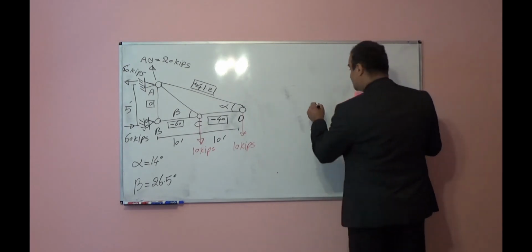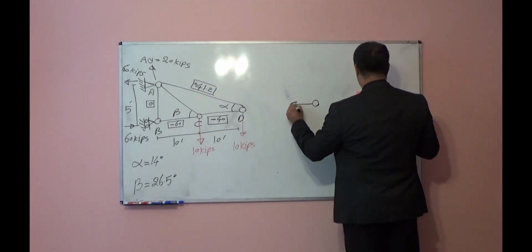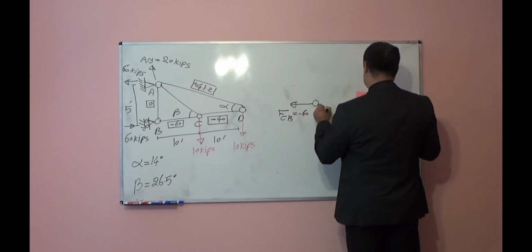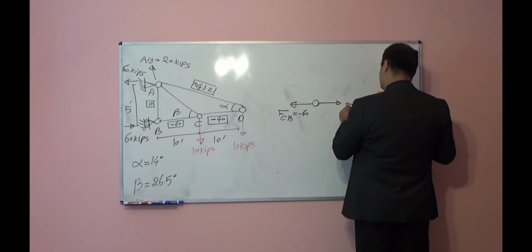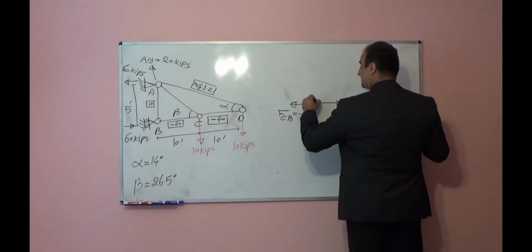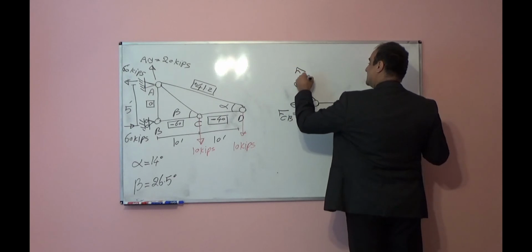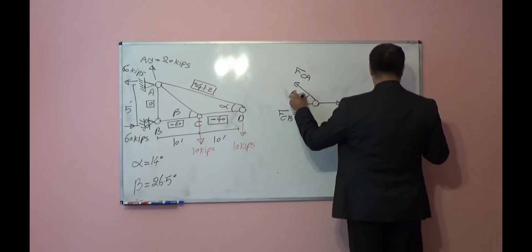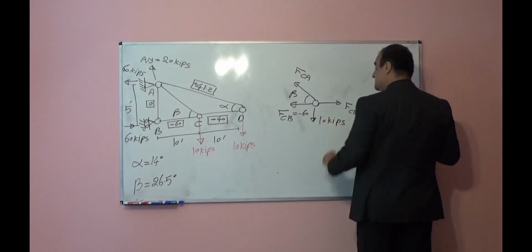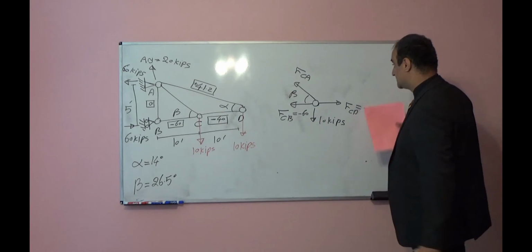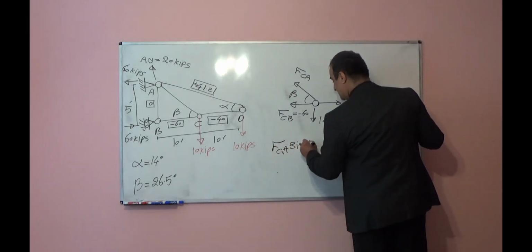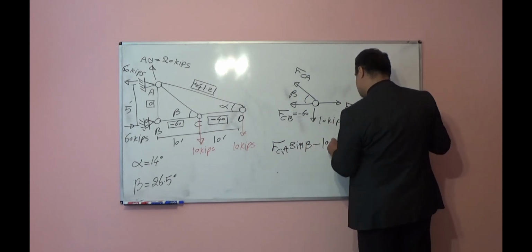Next one, joint B. So here I have FCB, which I found it is negative 60. Here I have FCD, I found it is negative 40. CA. This angle is beta, and here I have 10 kips. Summation of forces in vertical direction equal to 0. It means FCA sine beta minus 10 is equal to 0.